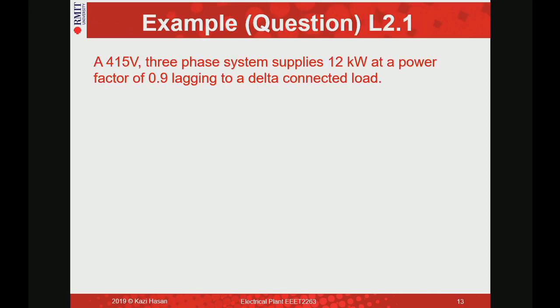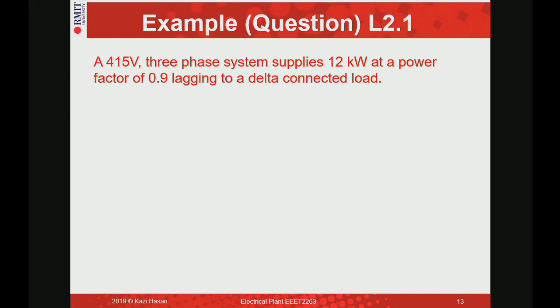Now let's solve a problem on 3-phase circuits, delta Y connected circuits. A 415 volt 3-phase system supplies 12 kilowatt at a power factor of 0.9 lagging to a delta connected load.